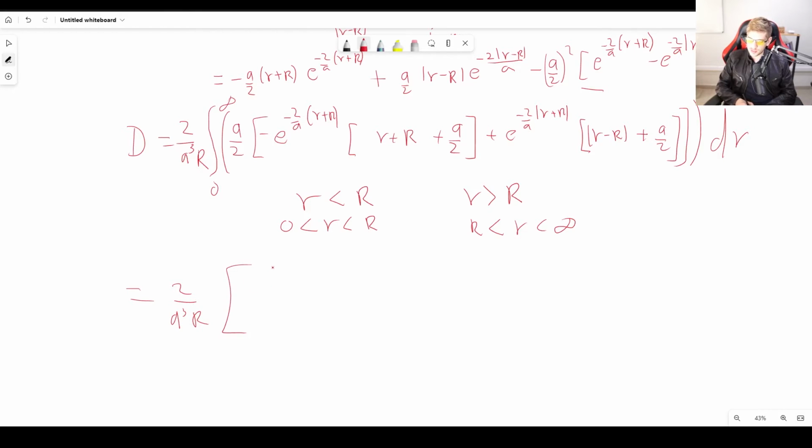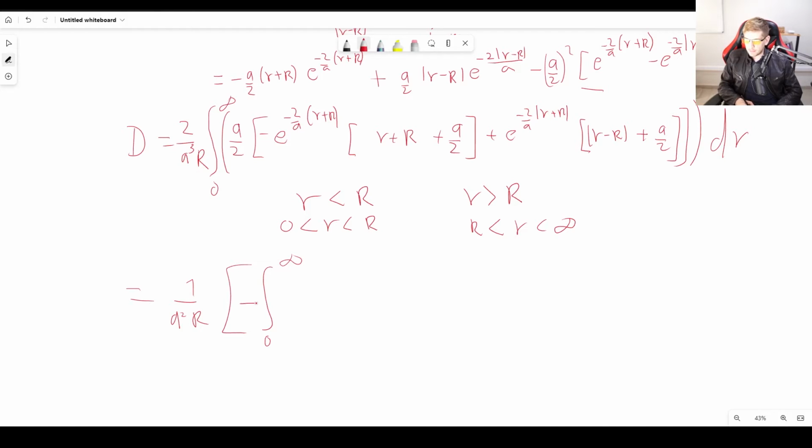The first integral remains the same because there is no absolute value for the first part, right? Oh, by the way, we can pull out the a over 2. That's going to make it simpler. So this 2 goes away, and this is now a squared. Okay.